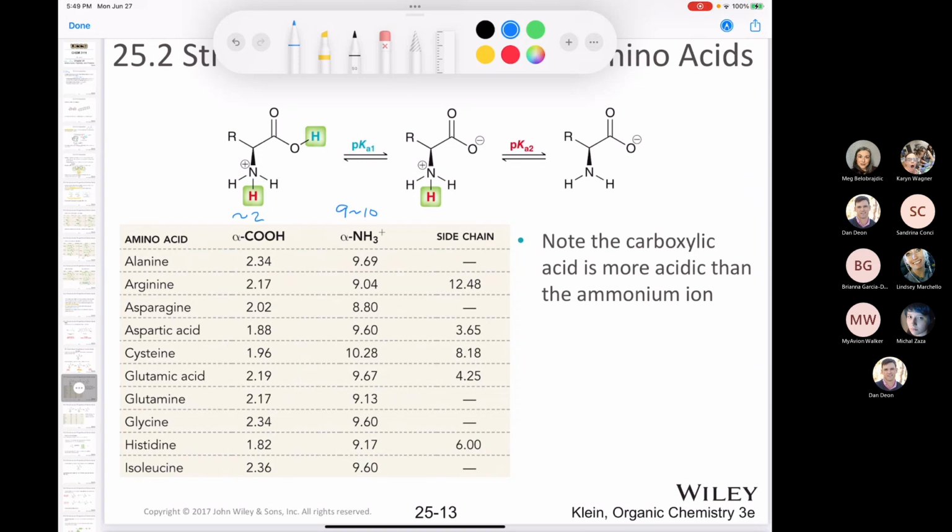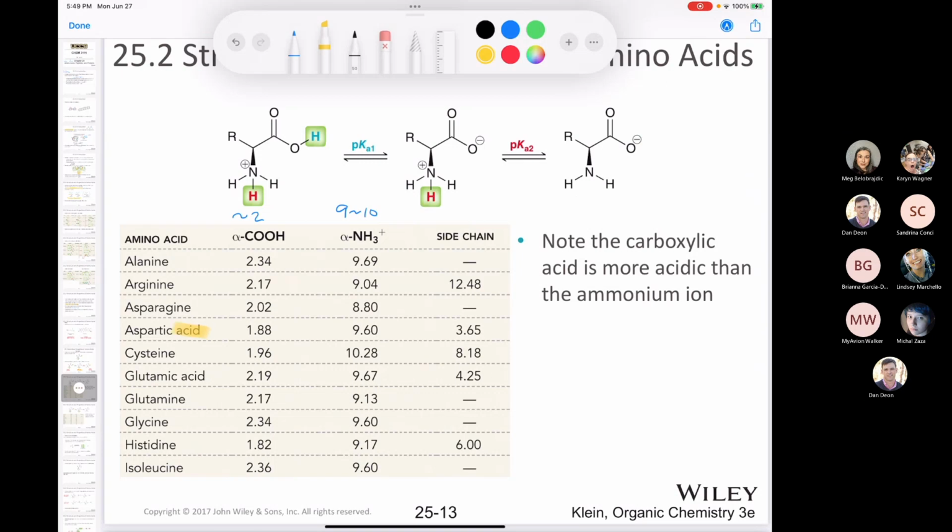So what I think you would want to know as a student in the class is just have a ballpark idea. Generally speaking, the carboxylic acid is around 2. And generally speaking, the amino group in an amino acid has a pKa when it's protonated of about 9 to 10. All of these other pKa's here, and this isn't an exhaustive list of all the amino acids, are the pKa's of the side chain.